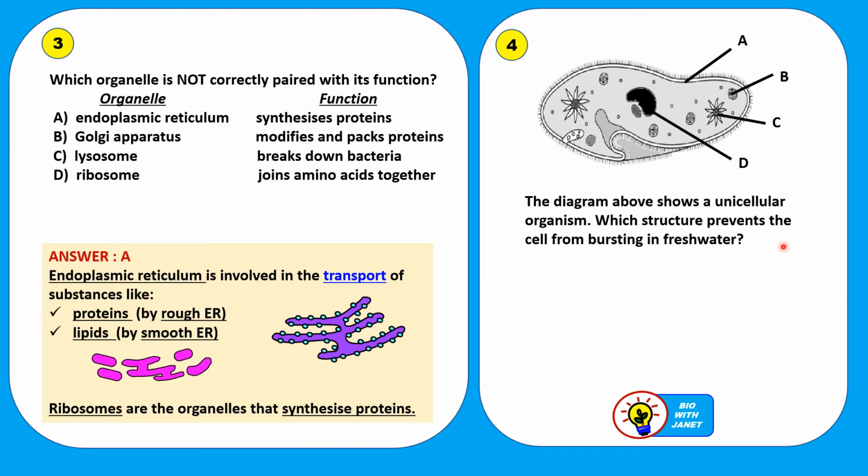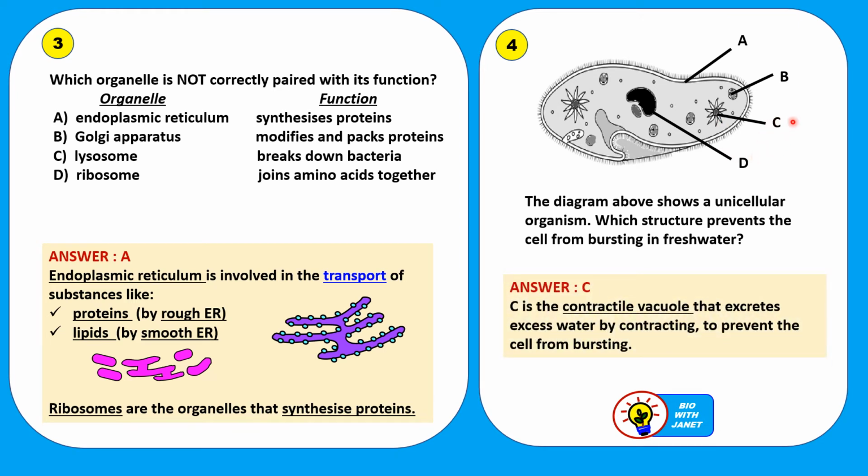You have to choose among these 4, parts A, B, C, D. Okay, so the answer is C. So what is C? C is the contractile vacuole.